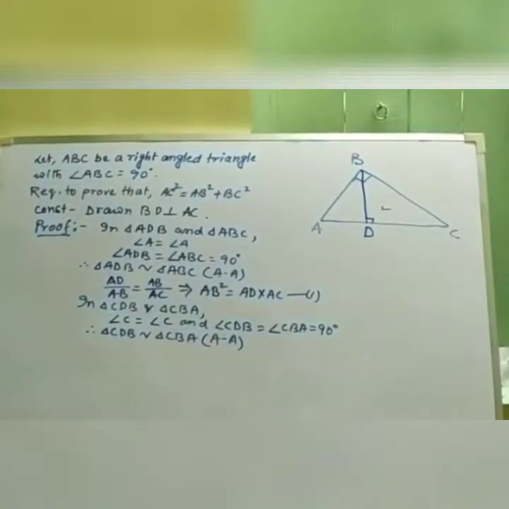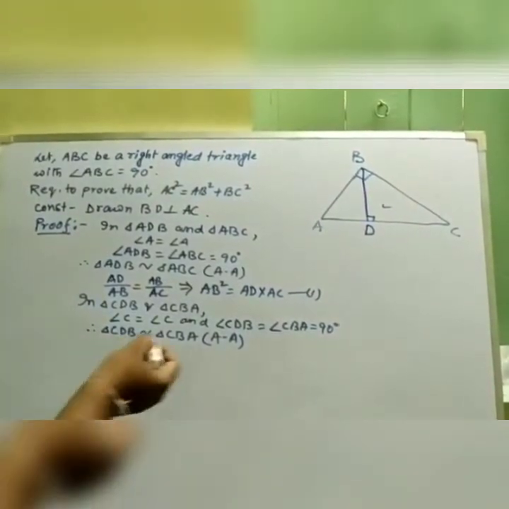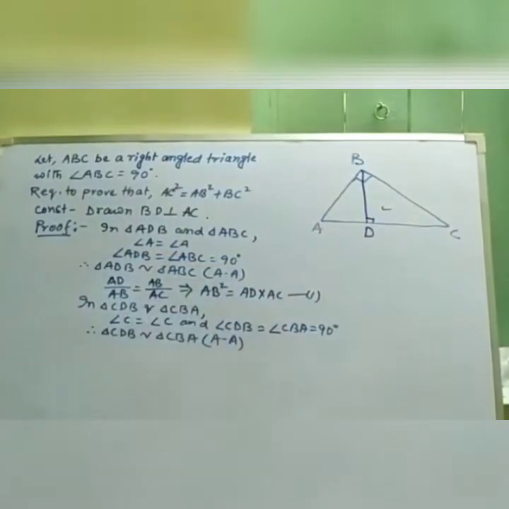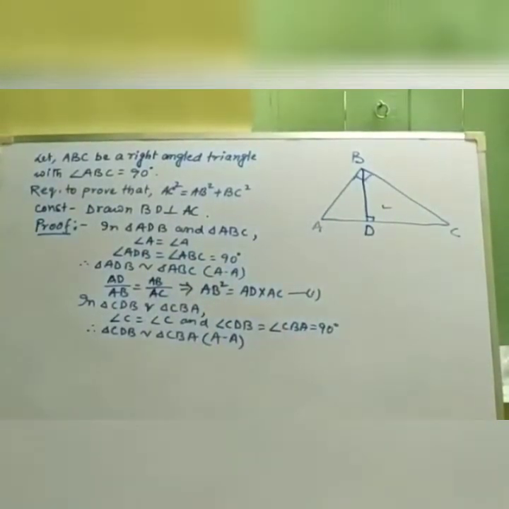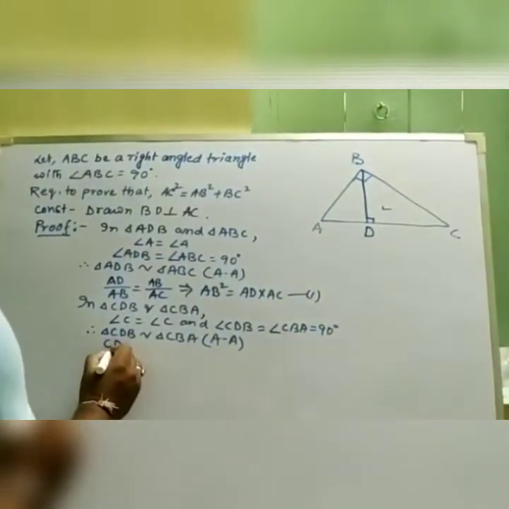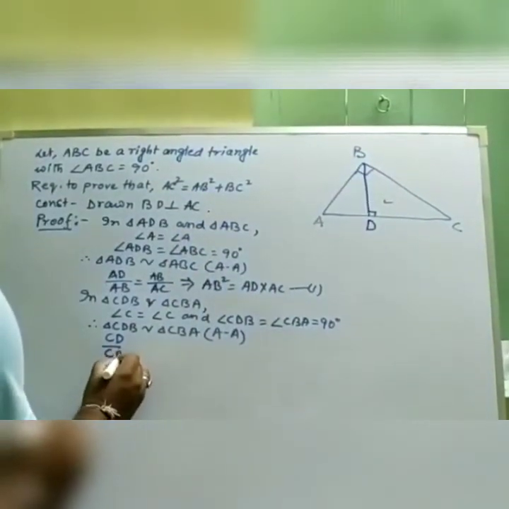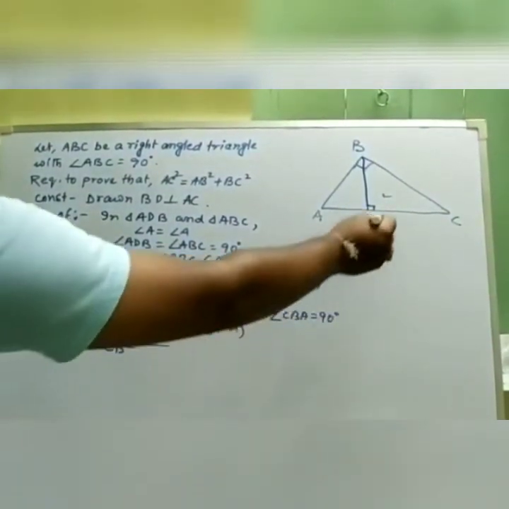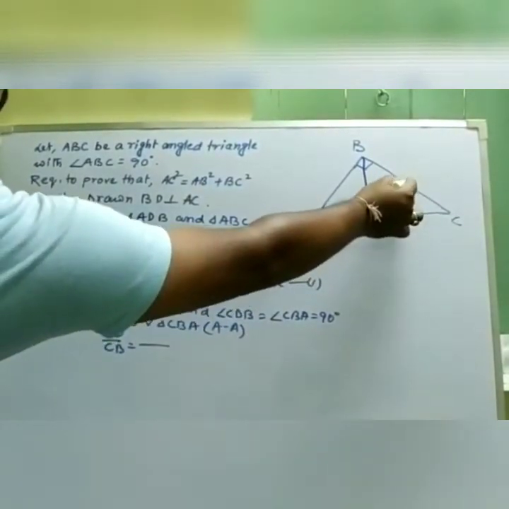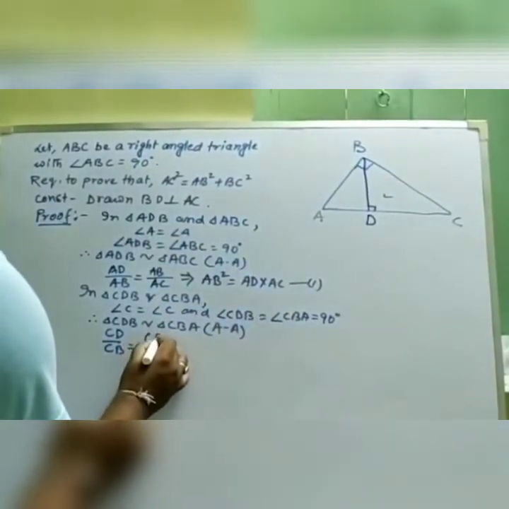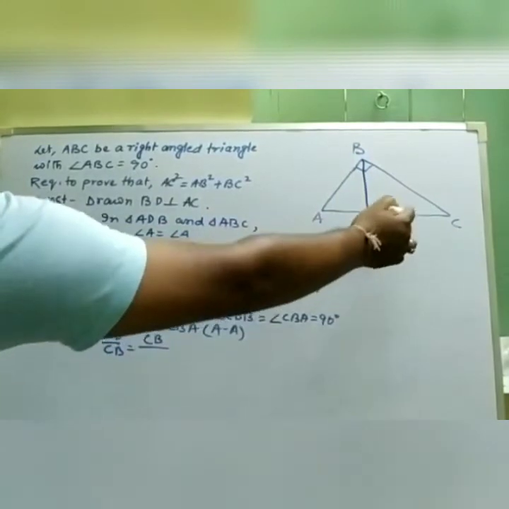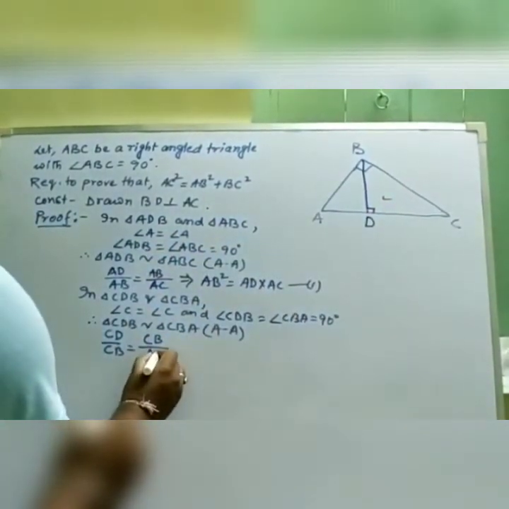As these two triangles are similar, we will again take base by hypotenuse. The base of the small triangle CDB is CD, and the base of the whole triangle is CB. Again hypotenuse by hypotenuse: the small triangle CDB has hypotenuse CB and the hypotenuse of the whole triangle is AC.